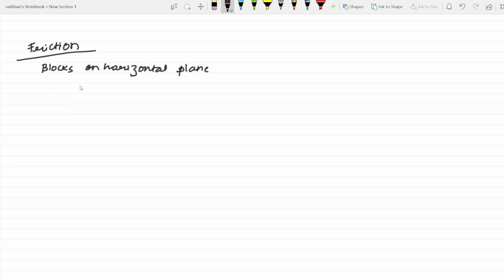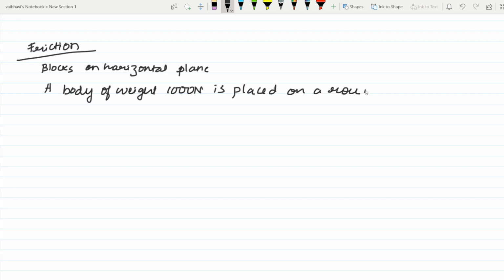A body of weight 1000 Newton is placed on a rough horizontal plane.